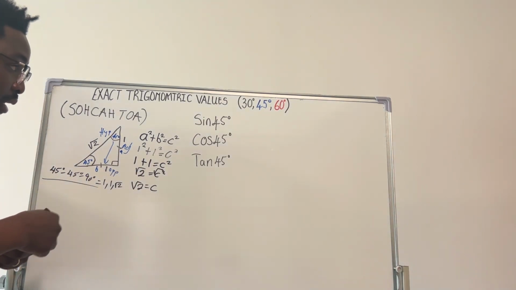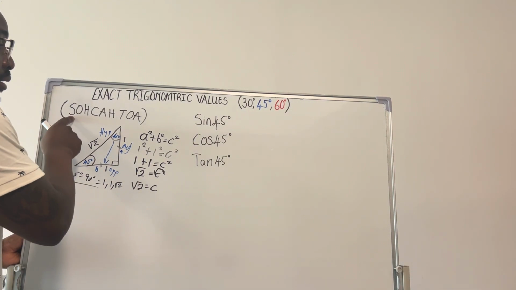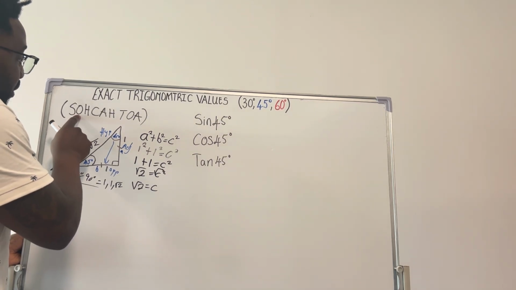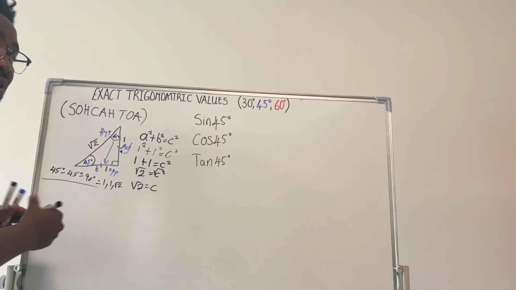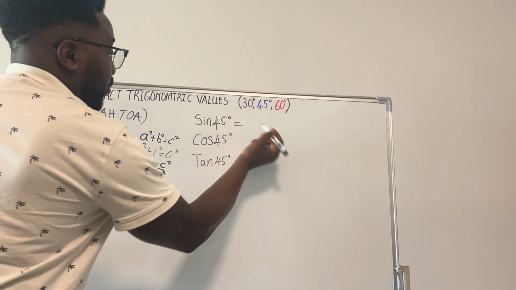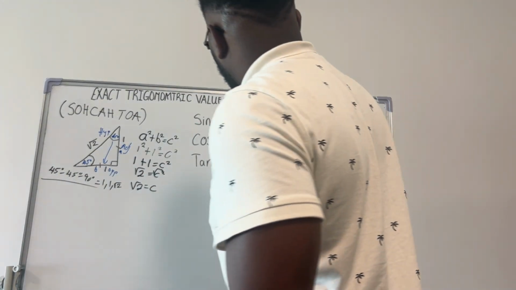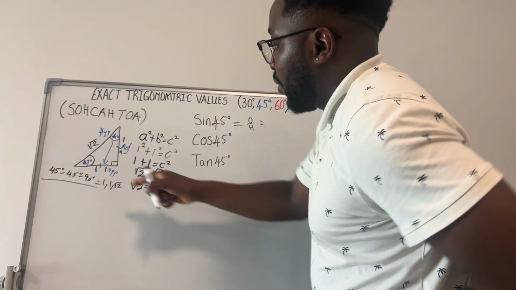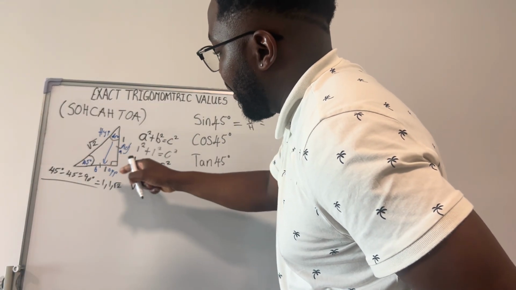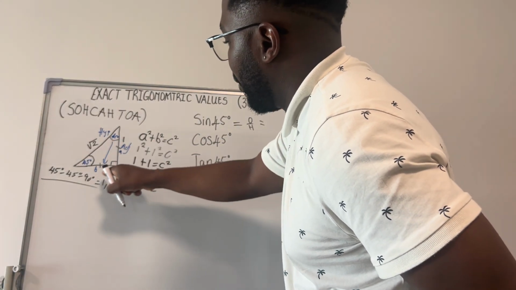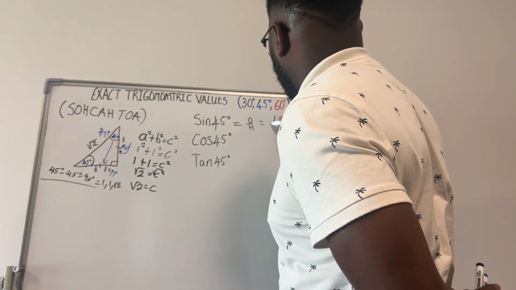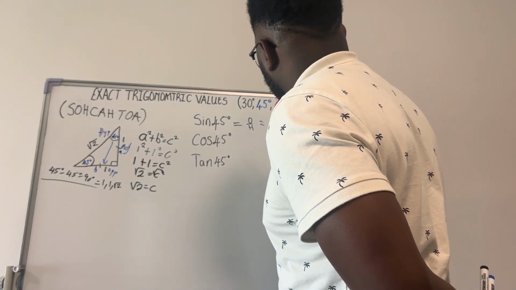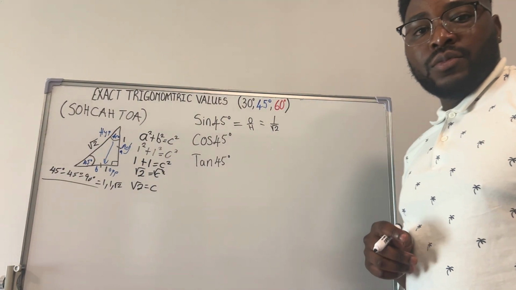We know that sine is opposite over hypotenuse, and using our triangle, our opposite is 1 and our hypotenuse is the square root of 2.